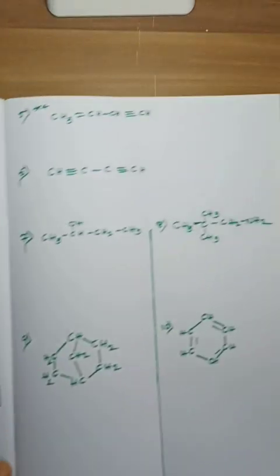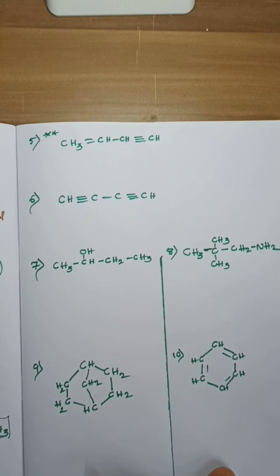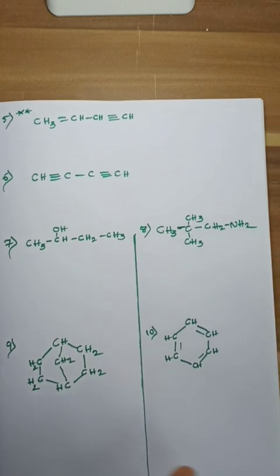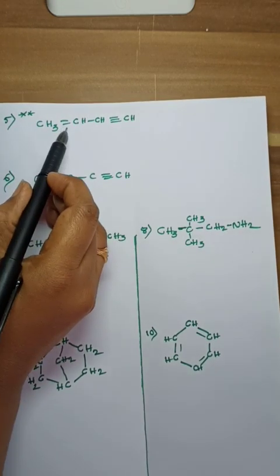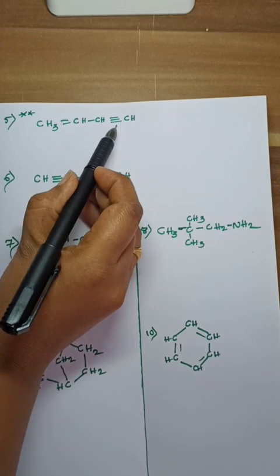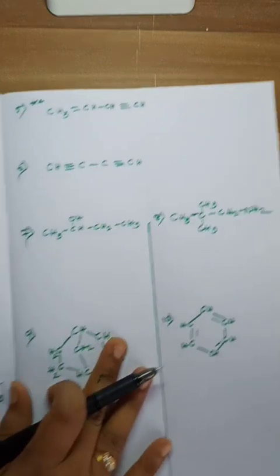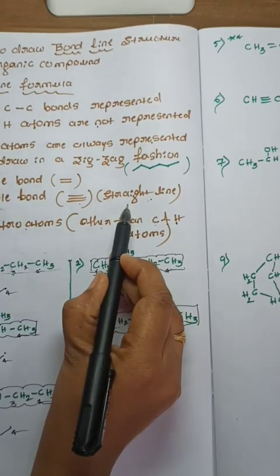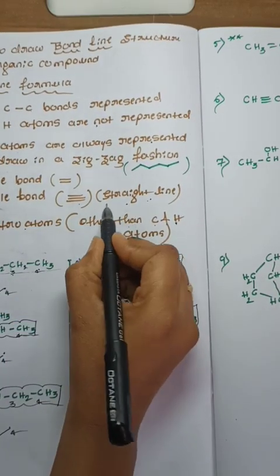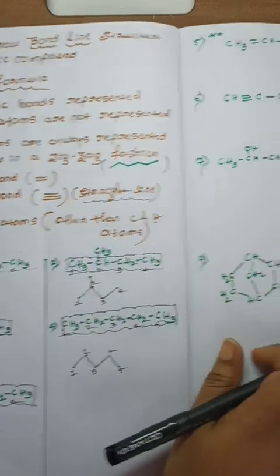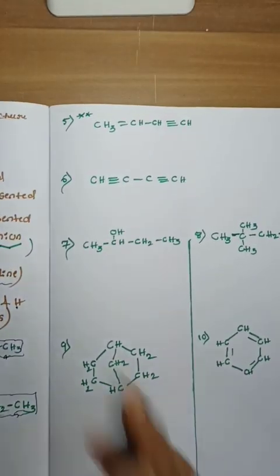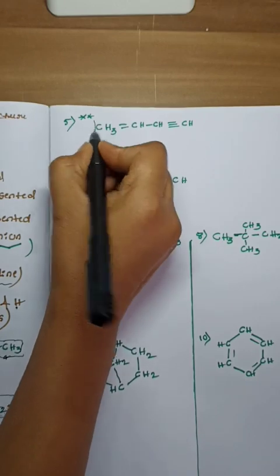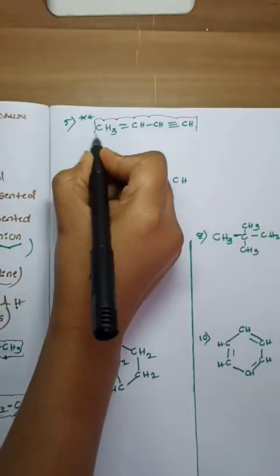Understood? Now here one more example, this is very important. In this example a double bond is also present and a triple bond is also present. Now how to write? One point I said earlier, a triple bond we always have to represent in a bond length formula as a straight line. Now here, the longest chain is only this.